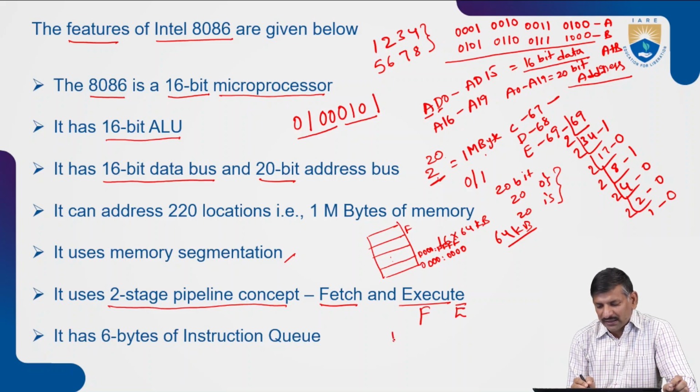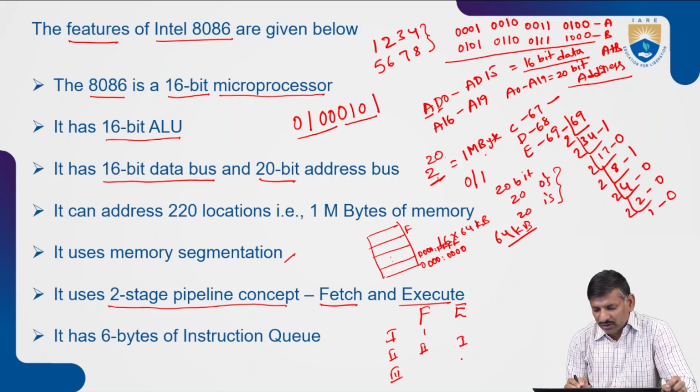In the first clock cycle, I can fetch the first instruction. In the second clock cycle, I can execute the first instruction, and at the same time fetch the second instruction. In the third clock cycle, I can execute the second instruction and fetch the third instruction. In the fourth clock cycle, I can execute the third instruction and fetch the fourth instruction.